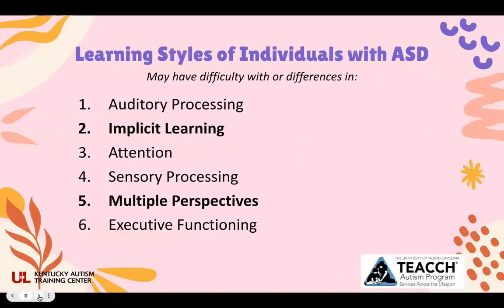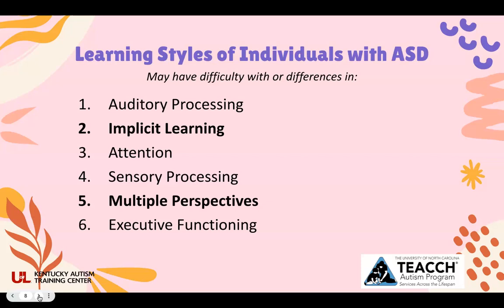So in addition to knowing what the deficit medical model is, and so what the challenges may be for an individual with autism, it's also important to know some of the learning styles that individuals with autism may have difficulty with, or may use differently, or develop differently than, say, your neurotypical child.